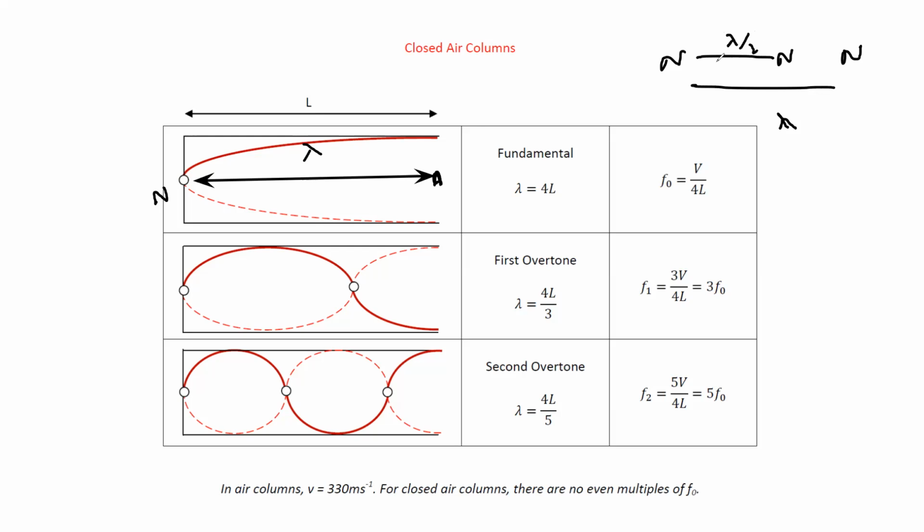But between a node and an antinode, it will be a quarter of the wavelength. That's why we can say the length is a quarter of the wavelength, or the wavelength is equal to 4L. So wavelength or lambda is 4L. And then for the frequency, we have the formula V is equal to F lambda.